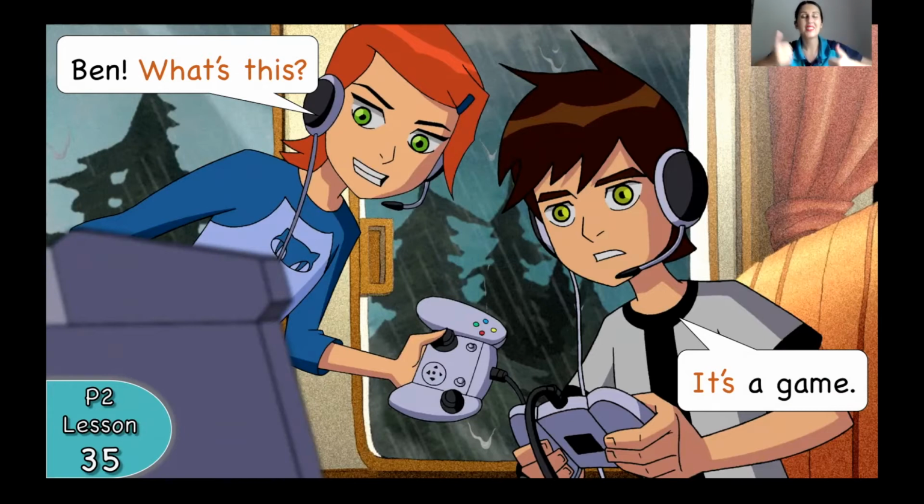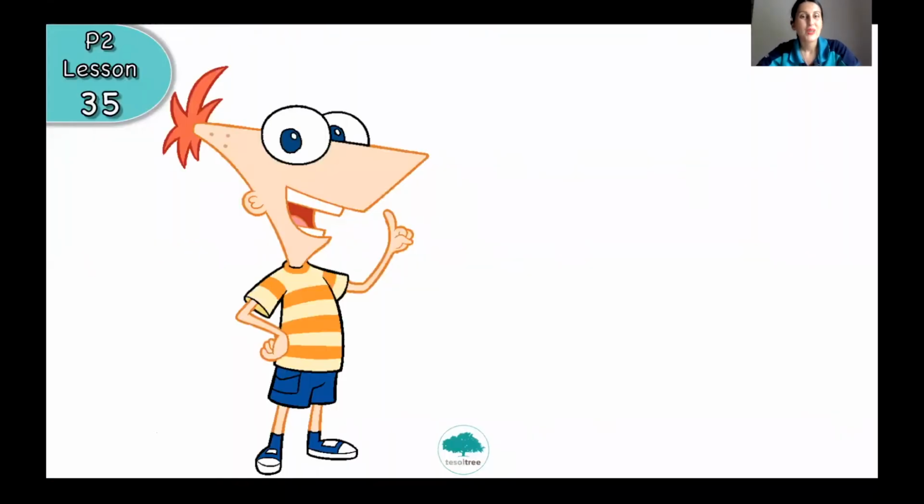Okay, fantastic, P2, good job. So if you want to ask about something, you can say, what's this? And we use this when the object is very close to you. Okay, very good.